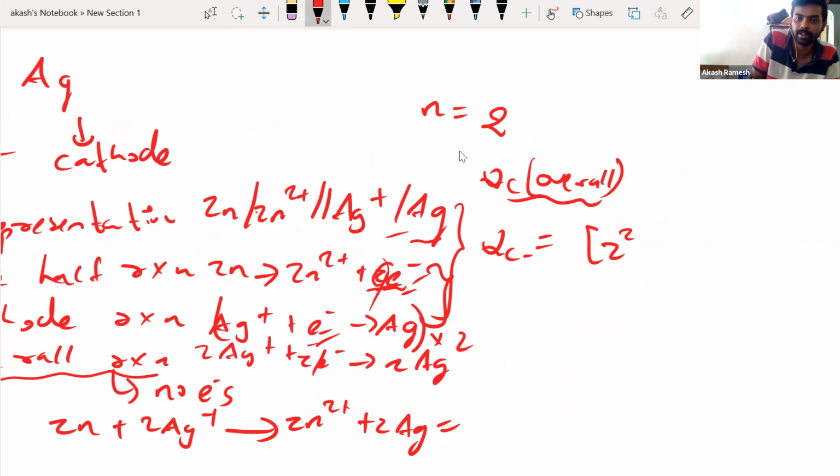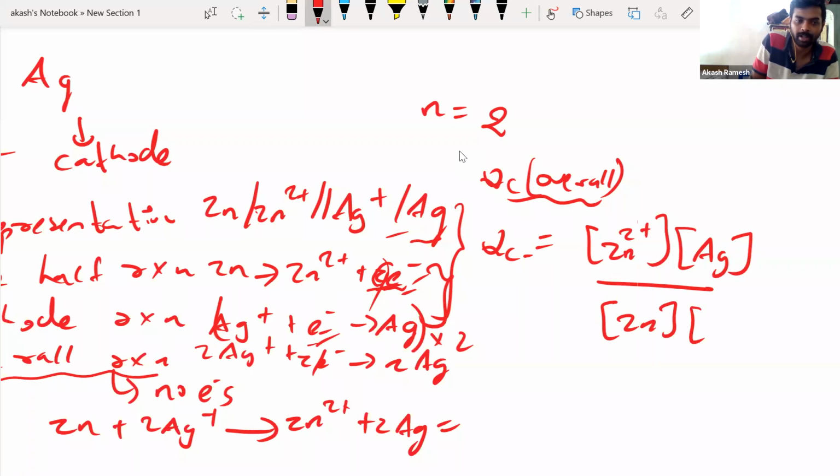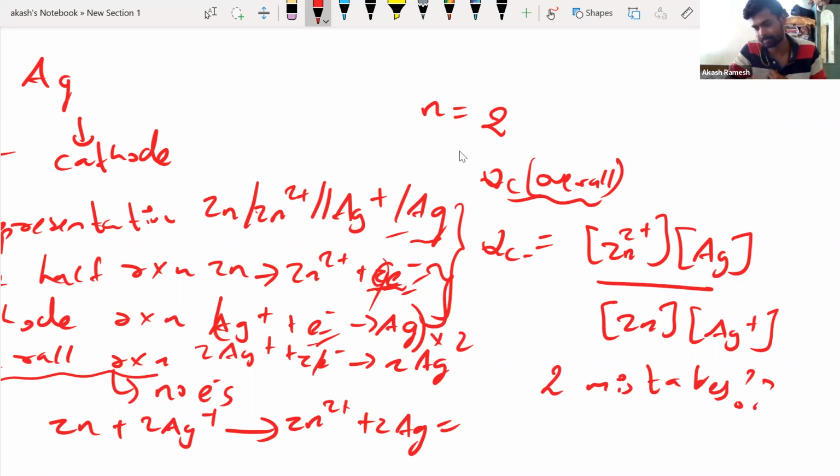So what do I have? Zn2+ on the product side, Ag on the product side, divided by Zn on the reactant side, Ag+ on the reactant side. Now, there are 2 mistakes in whatever I wrote. What are the 2 mistakes? In this QC equation, 2 should come as the power of Zn.